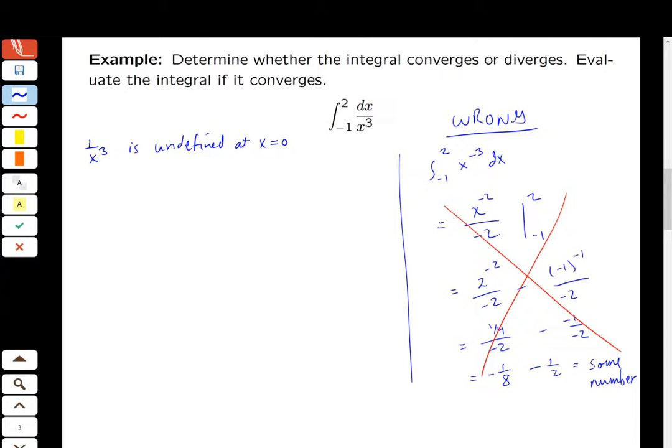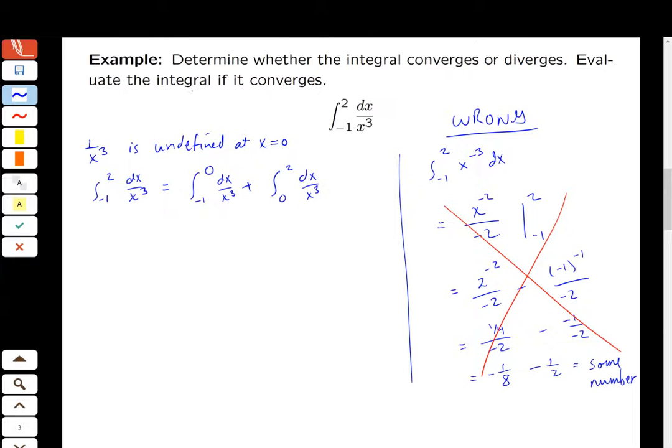That means that what I have to do for the integral is break it up at 0. I have to take the integral from -1 to 0 and add to it the integral from 0 to 2. And then we have to check and see what's happening.